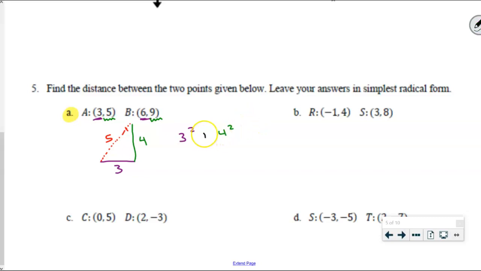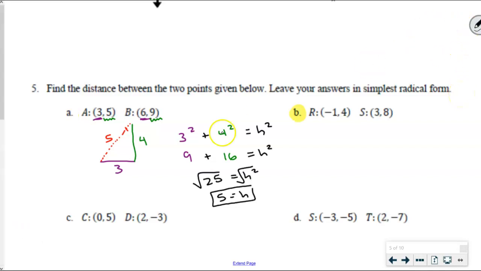We add them together, and that is equal to the hypotenuse squared. 3 squared is 9. 4 squared is 16. 9 plus 16 simplifies to 25. Take the square root of each side, and we get a hypotenuse of 5.